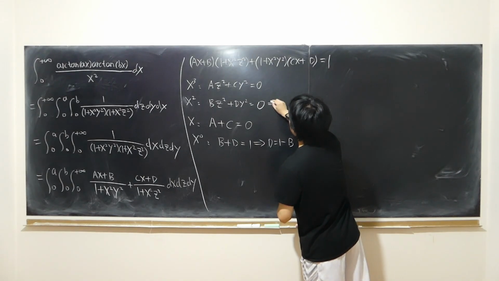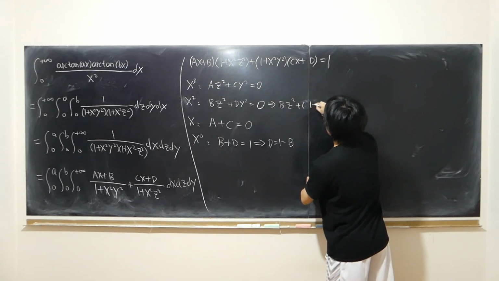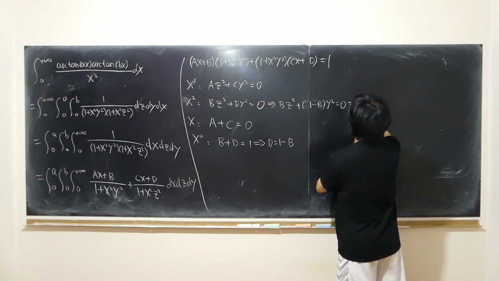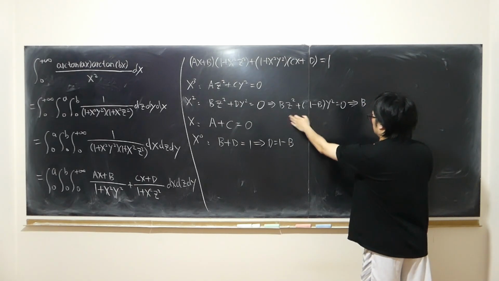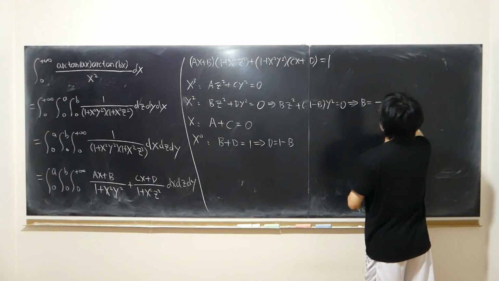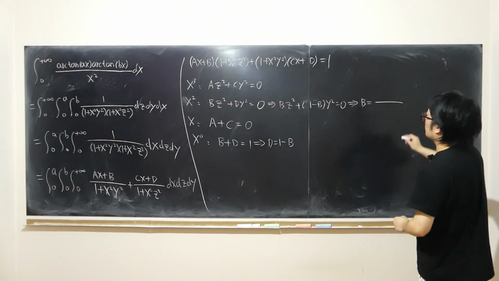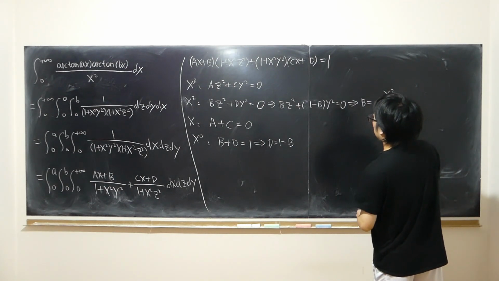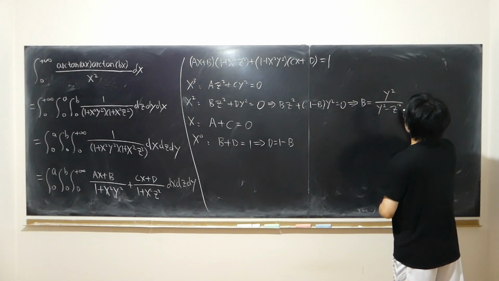I say b times z squared plus 1 minus b times y squared equals 0. Then easily b in terms of z and y should equal y squared over y squared minus z squared.